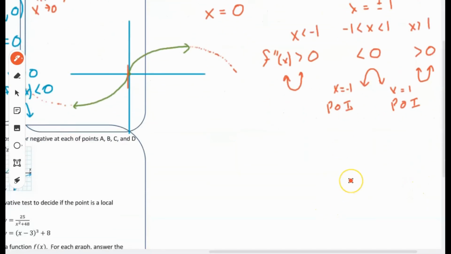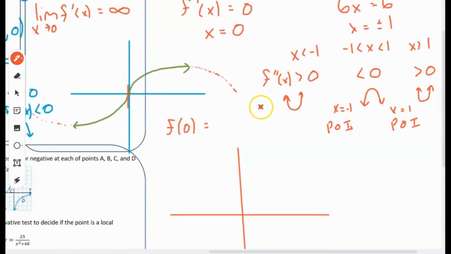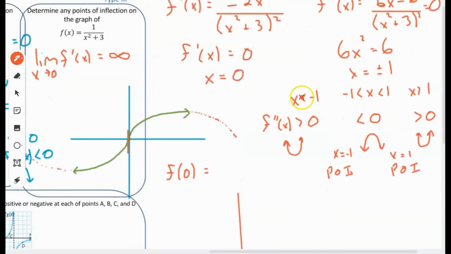Okay, well, let's draw this. That was a terrible y-axis. All right, so we have a few points, right? We have 0, so I want to know the original function, what its value is at 0. So you can plug that into the original function over here, and you'll get a third.